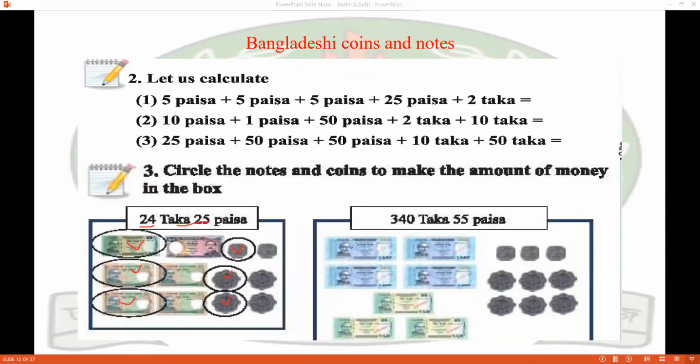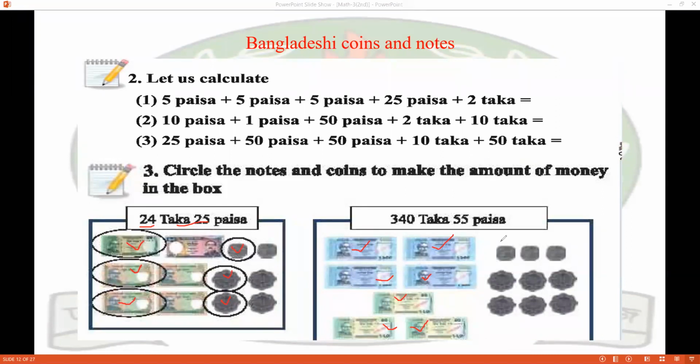Here we see that there is 100 taka, 100 taka, 100 taka, and 100 taka, so 400 taka here, and there is 20 taka, 20 taka, and 20 taka. So you have to write how many taka there is.